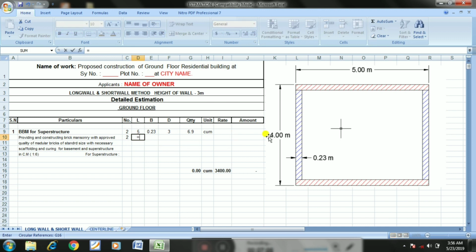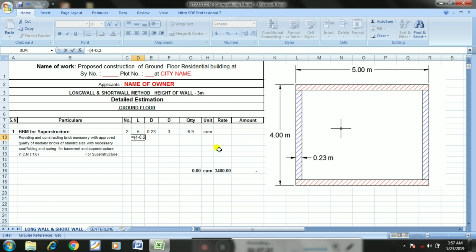The total length of the short walls is 4 meter. You need to deduct whatever length is covered in the 5-meter wall. You are not supposed to take these dimensions again, because that will be an error in the estimation. So 4 is the length, minus 0.23 on either side, because the outer dimension is 4 meter.